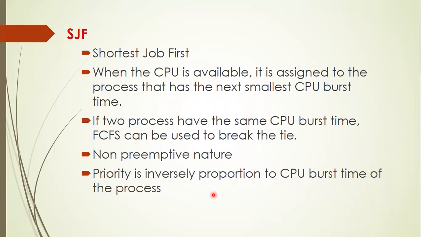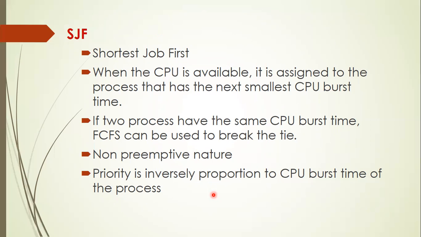The process which needs less CPU burst time gets the CPU first. The process which has more CPU burst time will get the CPU last. So the higher the CPU burst time, the less priority is given to that process while allocating the CPU, and the shorter the job, the higher the priority it gets for the CPU.